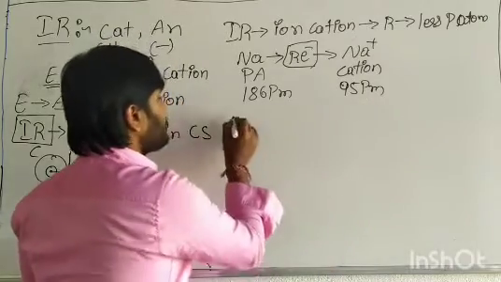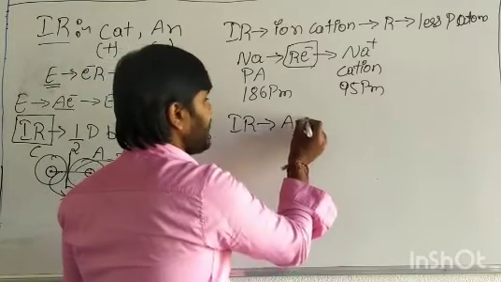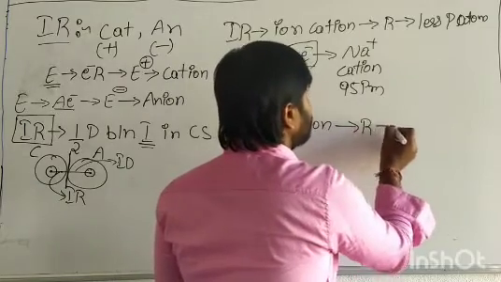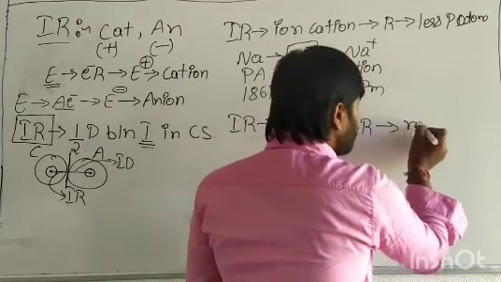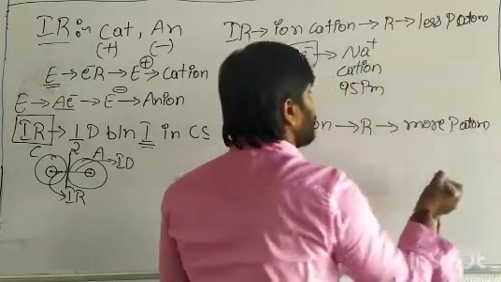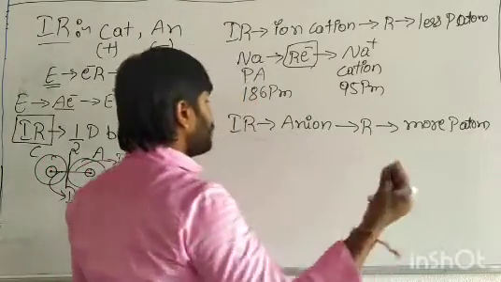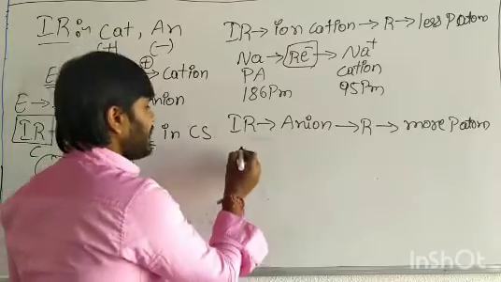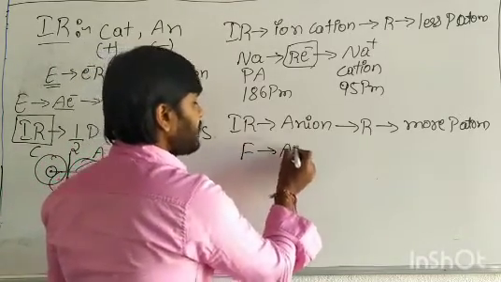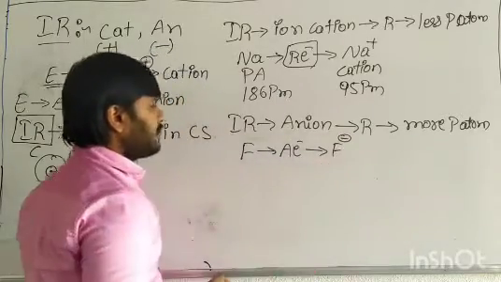If we consider the variation of ionic radius in an anion, then the radius of the anion will be more than the parent atom. Compared to the parent atom, the anionic radius will be more. For example, consider a fluorine atom, and adding electrons takes place to generate a negative charge on the fluorine atom.